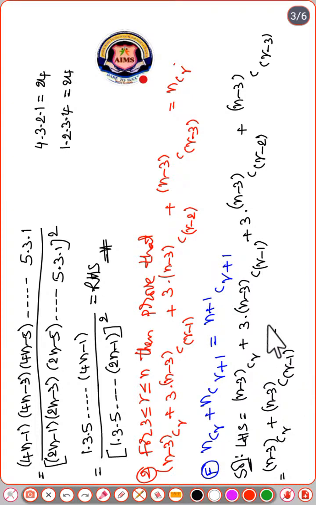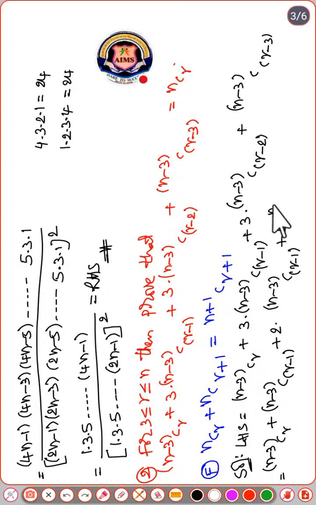After that plus 2 times n minus 3 Cr minus 1. This 3 can be written as 1 time plus 2 times. Like that, this also 3 times you will take 2 plus 1. Why? Because already we are having 2 times. So here also take 2 plus 1.